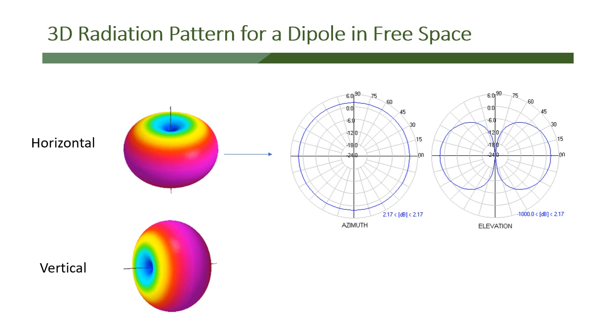And if we were to look sideways and cut this in half, remove half of the donut, so we're looking sideways into the donut, we would see these two lobes on the right side of the elevation plane in free space. And for vertical, we would then see that rotated 90 degrees.